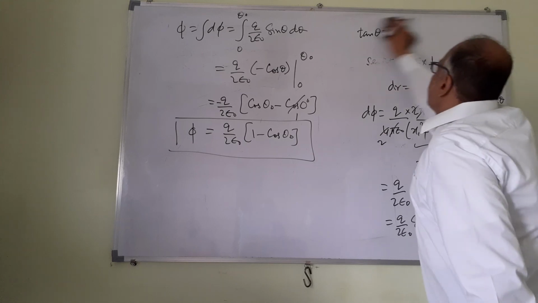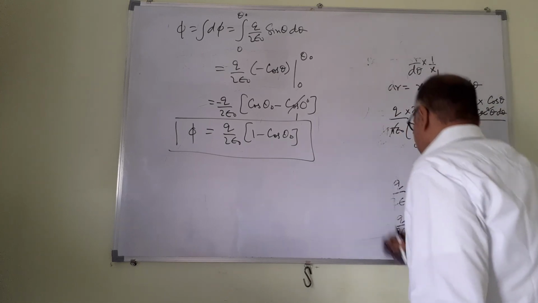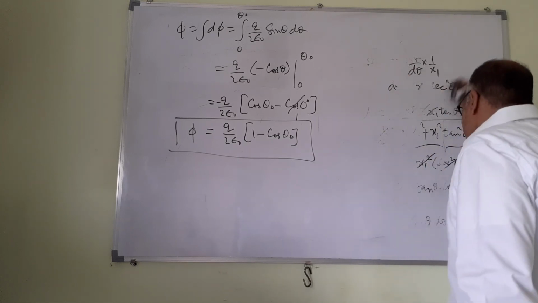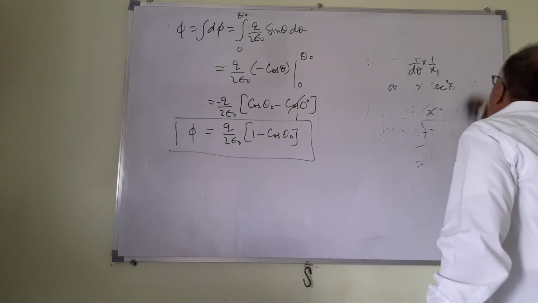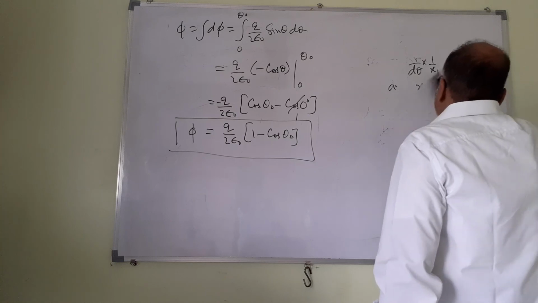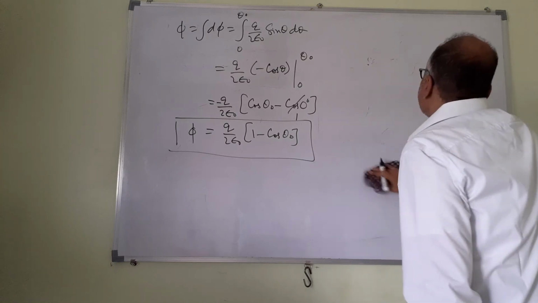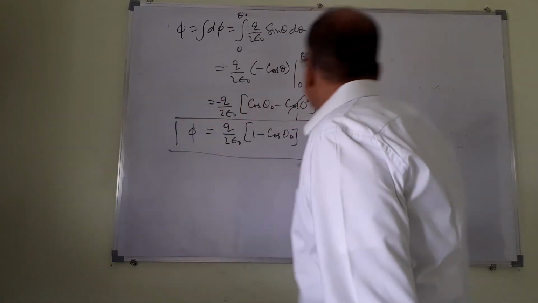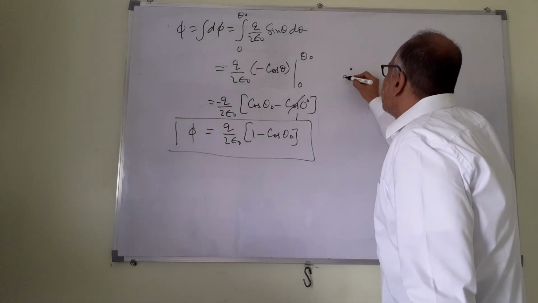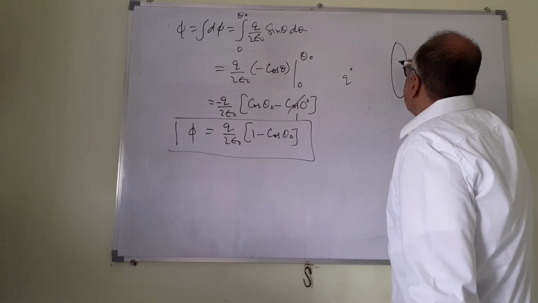Now we see a very interesting thing. Supposing we make that disk infinitely large, see what happens. If you make it infinitely large, theta naught will tend to 90. See this? We have the charge here and we have the disk here.